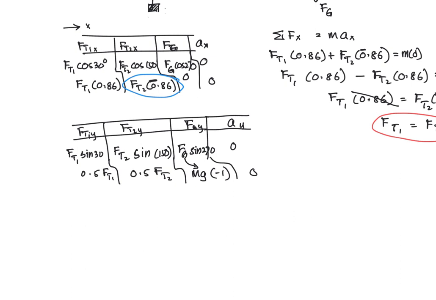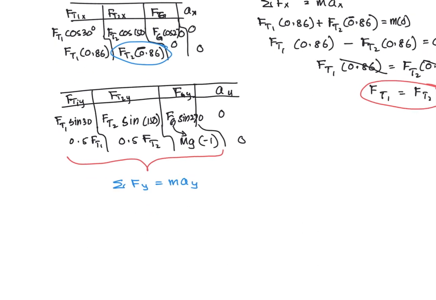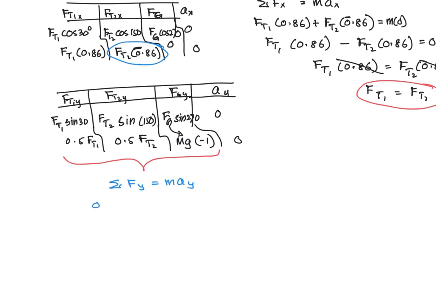So let's take these things together, and now let's work on the sum of Fy equals mass times ay. And here you have 0.5 FT1 plus 0.5 FT2 minus mg equals mass times 0, because ay is 0 again.